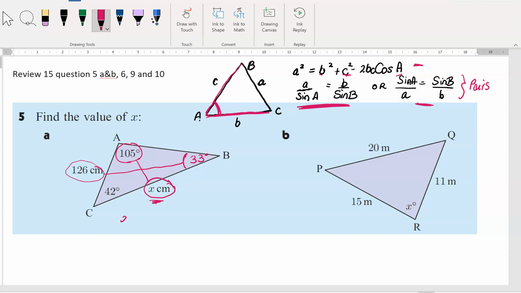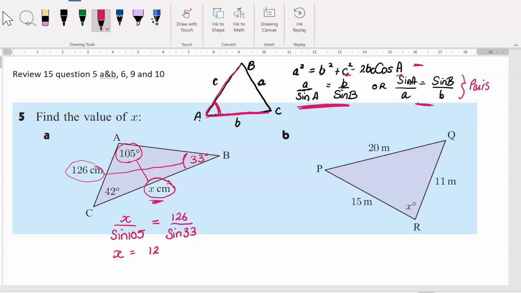We will go, that's going to be x over sine of its opposite angle, which is 105, equals 126 over sine 33. Now we want x by itself, so to get rid of this, divide by sine 105. It's a simple matter of multiplying.